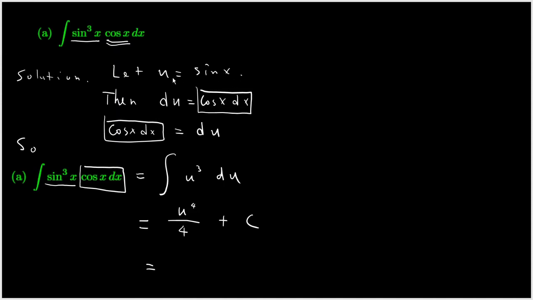In the final step, replace u with sine of x. You can write the final answer in the form of sine of x to the power of 4. This means u to the power of 4. It means sine of x, the whole thing to the power of 4, right? Over 4 and then plus c.